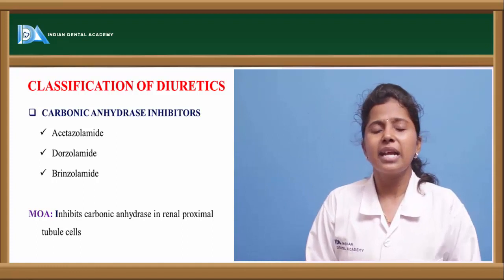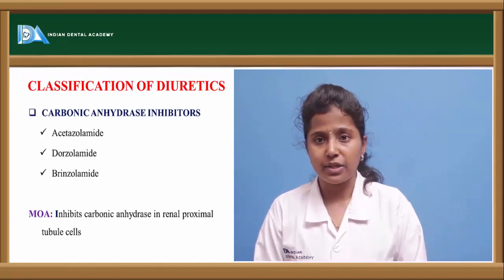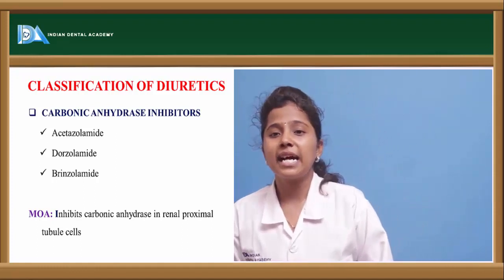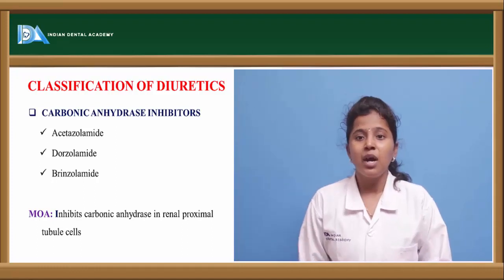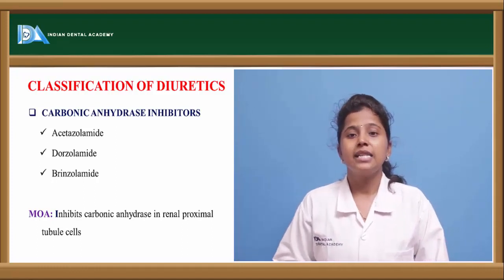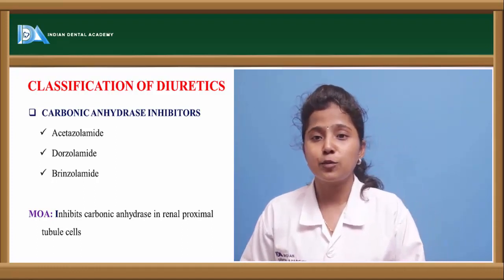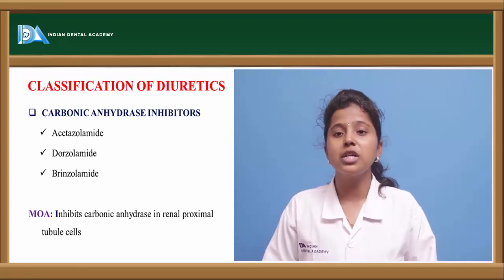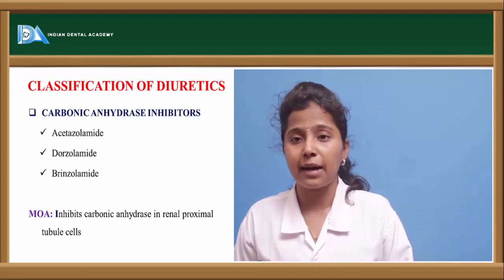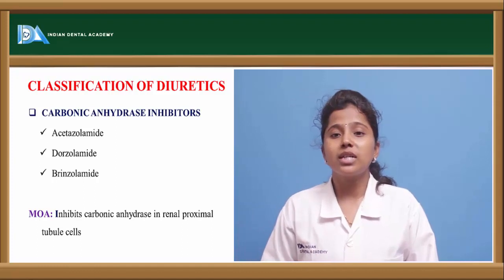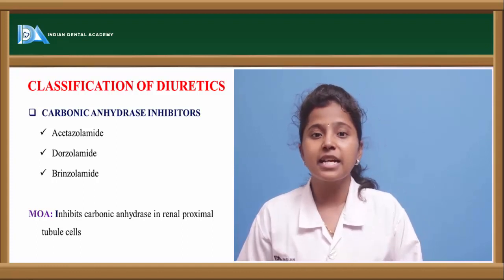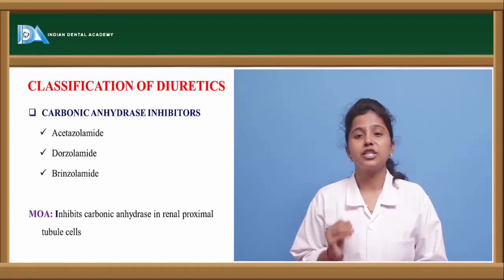So let us see the mechanism of action of these carbonic anhydrase inhibitors. Carbonic anhydrase is an enzyme which catalyzes the formation of bicarbonate and H plus ions from water and carbon dioxide. When water and carbon dioxide combine, they form bicarbonate ions and H plus ions.